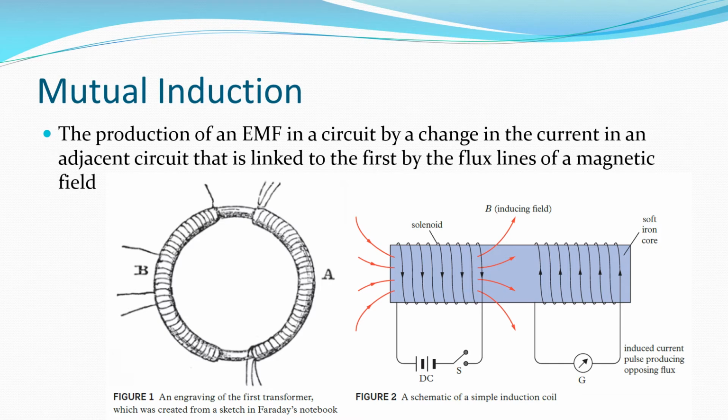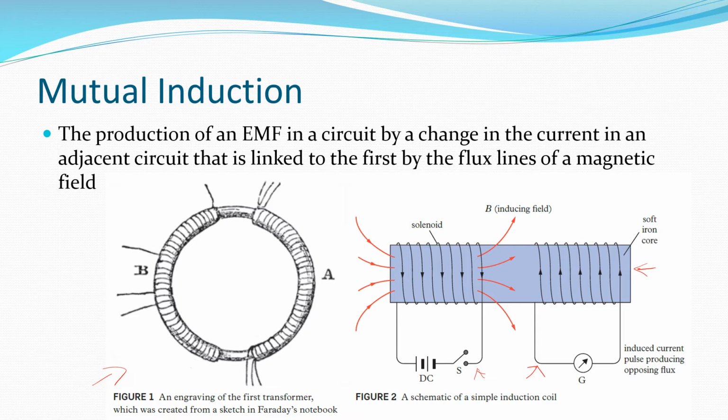So mutual induction is the idea that Faraday first came up with. This figure here is the first transformer that he ever developed, his diagram of it, and where we understand it all started. What we basically have is two circuits, one there, one there. They're connected by a common, usually iron, core or an iron bar.